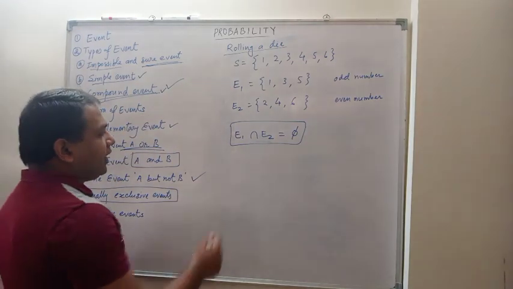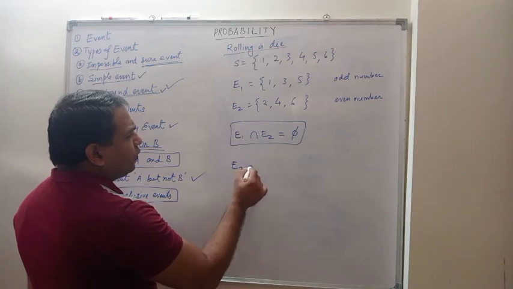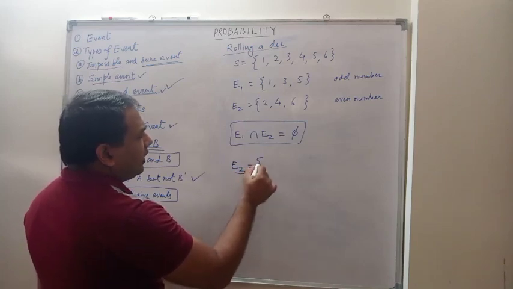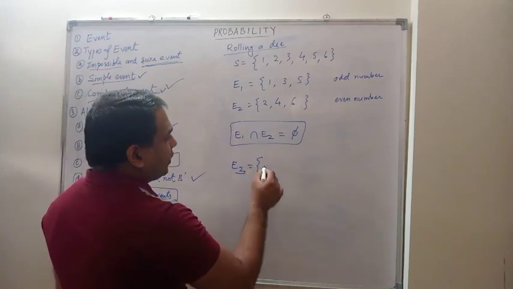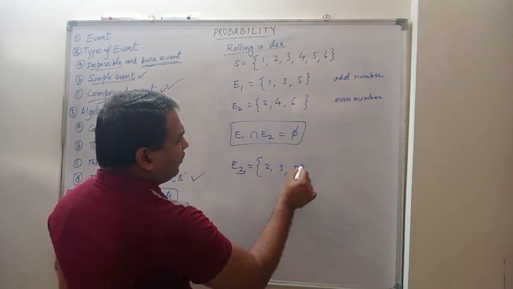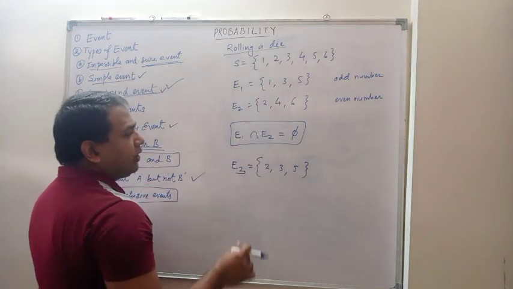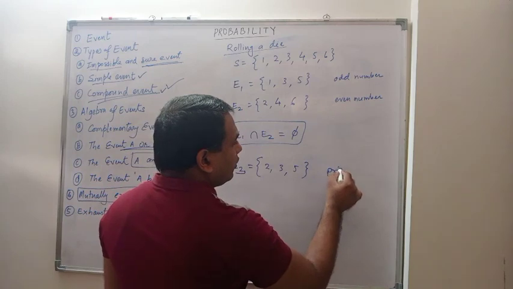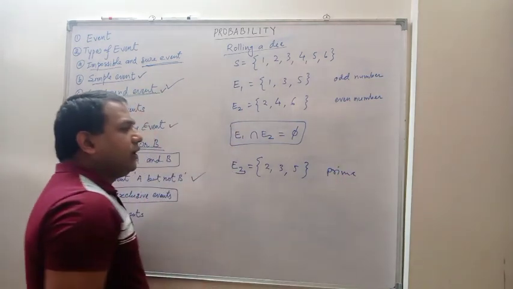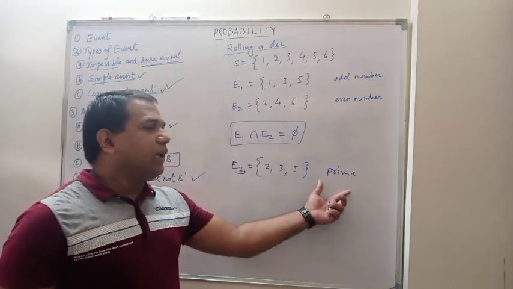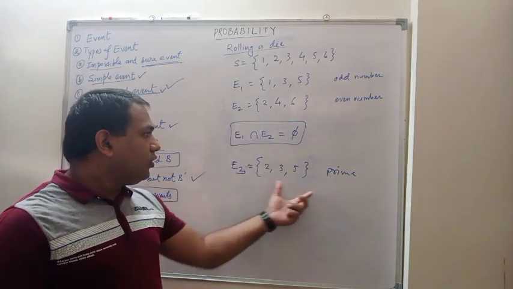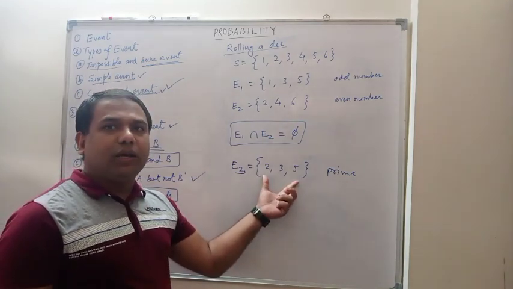And also if I consider E3 as prime number, the prime numbers are 2, 3 and 5. So the event of getting a prime number is 2, 3 and 5.